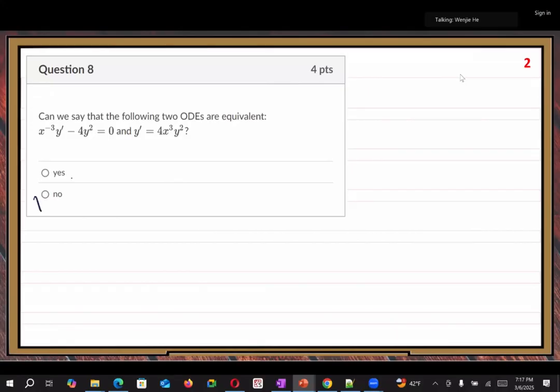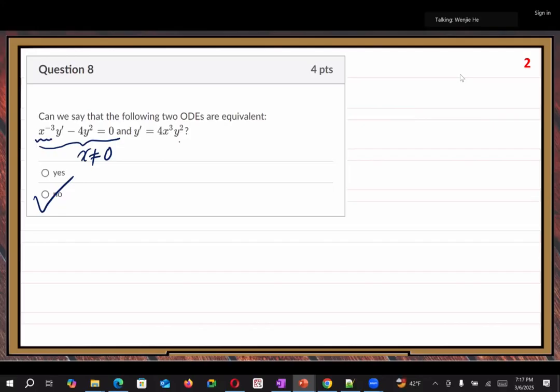No, because in the first one we do not allow x to be 0, right? Because of x to the negative third, you cannot let x be 0, but the second is okay.